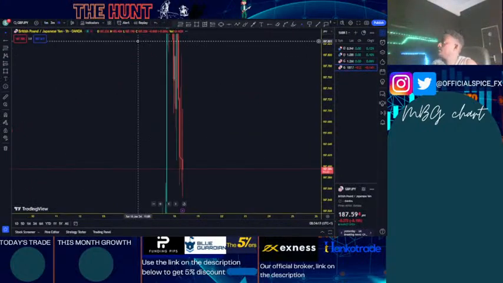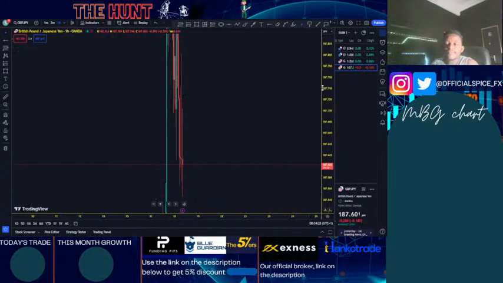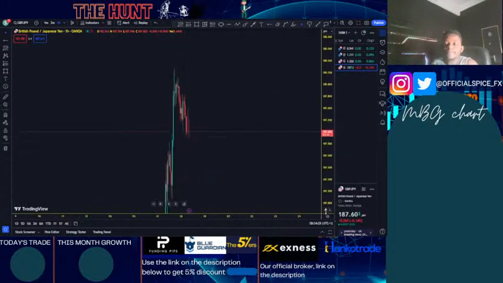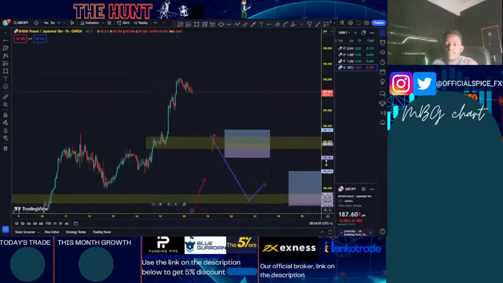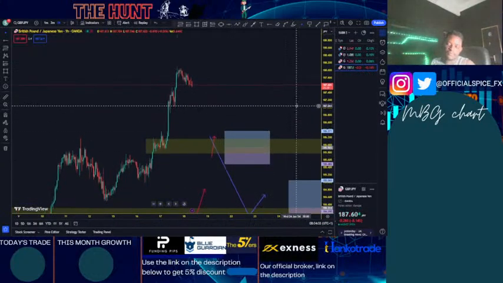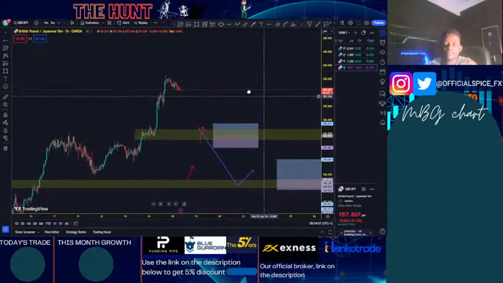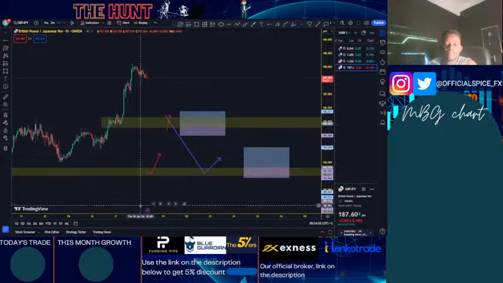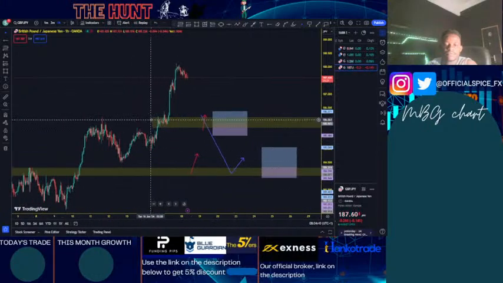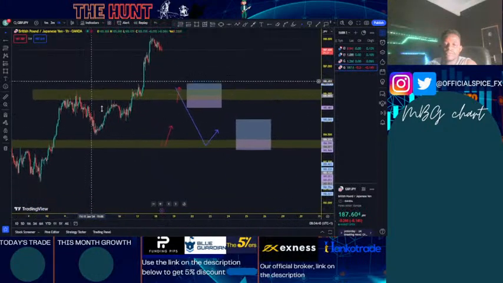So let's quickly take a look at GBP JPY. These are the zones we marked yesterday.